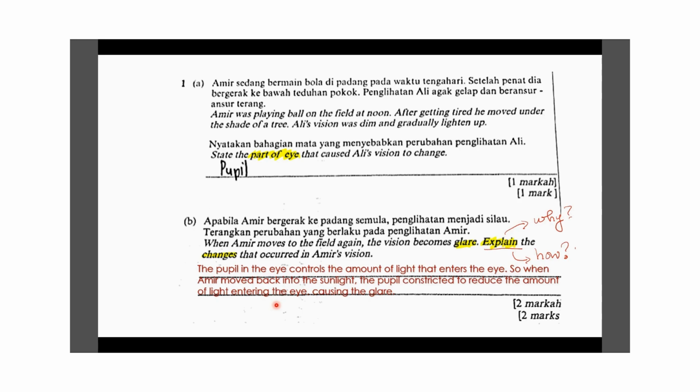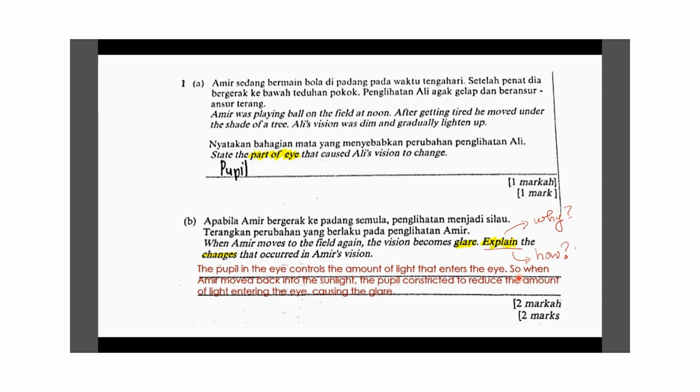So in this case, since we are talking about the pupil, which is the part of the eye, I started my answer indicating the function of a pupil. So the pupil in the eye controls the amount of light that enters the eye. So this part is the facts, okay, that I'm stating.